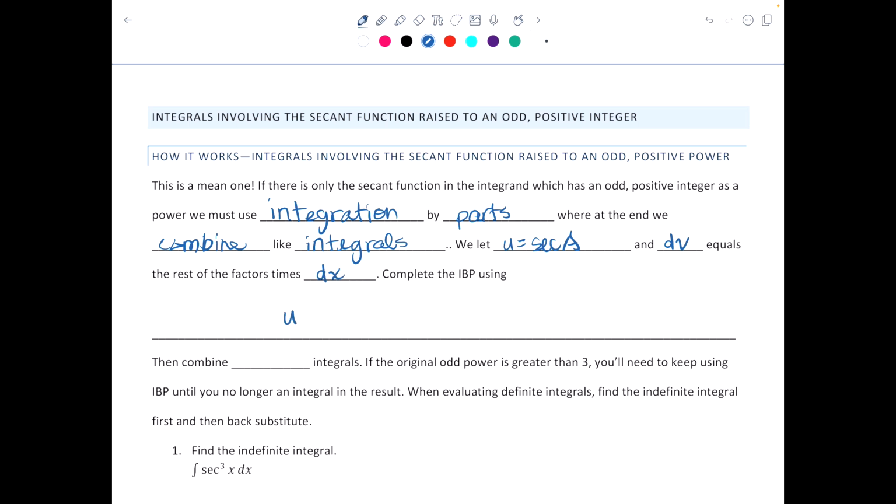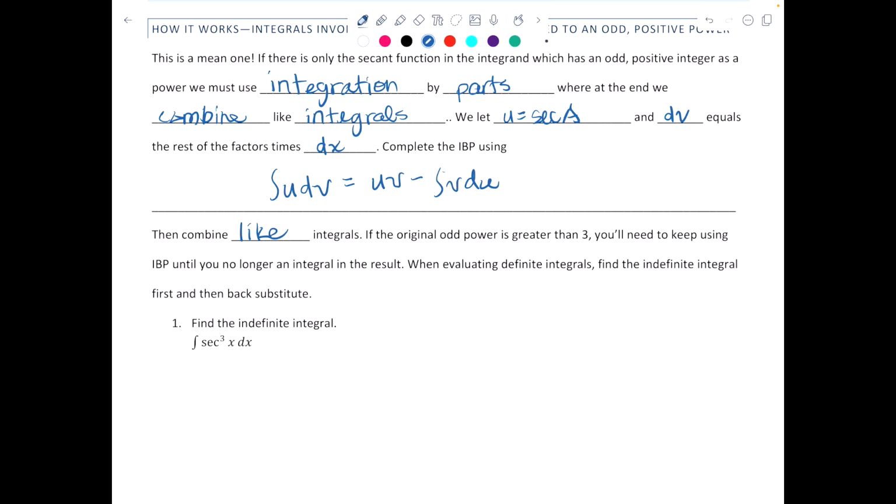And remember, the formula for integration by parts is the integral of u times dv is equal to u times v minus the integral of v du. Then you combine like integrals. If the original odd power is greater than 3, you'll need to keep using integration by parts until you no longer have an integral in the result. When evaluating definite integrals, find the indefinite integral first and back substitute.